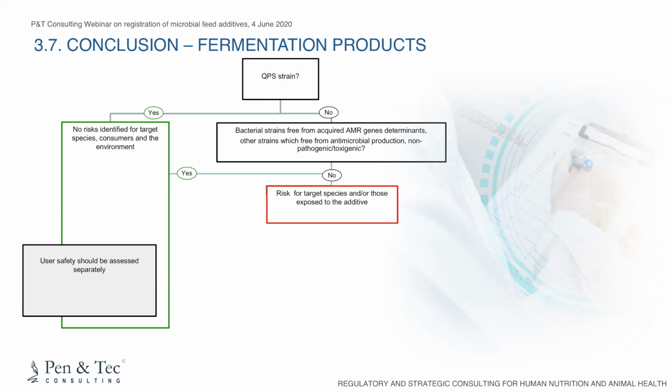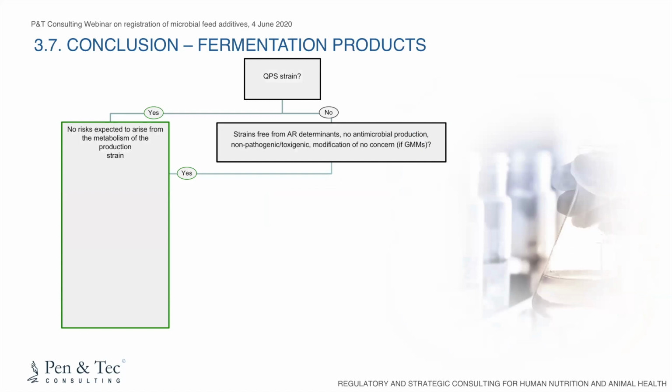Now moving on to strains used for the production of feed additives. For the strains that either qualify for the QPS approach or are free from antibiotic resistance determinants, do not produce relevant antimicrobial substances, or are shown not to be pathogenic or toxigenic, and for which there is no genetic modification of concern, no risks are expected to arise from the metabolism of the production strain itself.